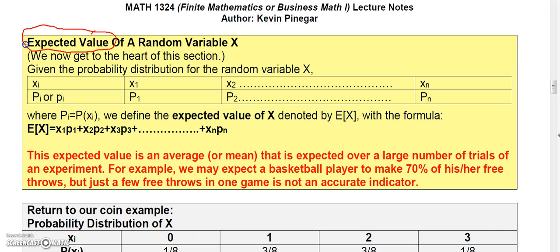So really, this is supposed to represent a long-term average if you were to perform the experiment a large number of times. The way to get the expected value is you simply take each value of the random variable and multiply it by its probability. And then when you're done, you add all of those up. So I would take x1 times its probability, then x2 times its probability, then x3 times its probability, and so forth until I get to the last one. And then I would add all of these up.